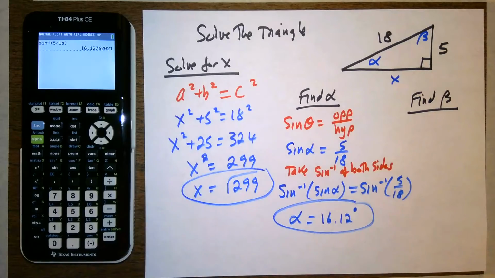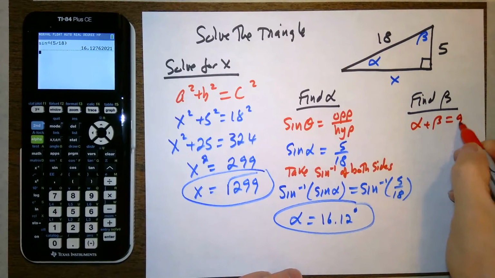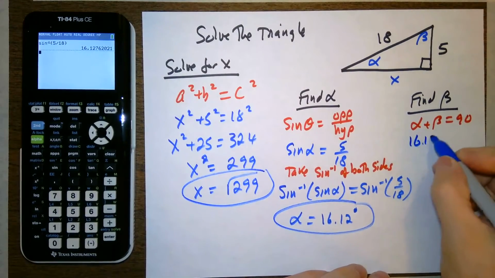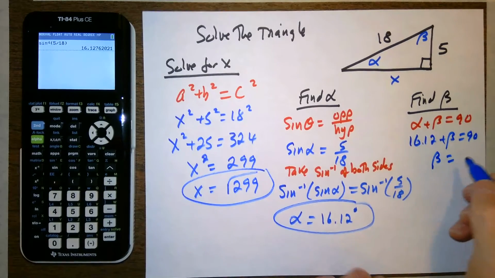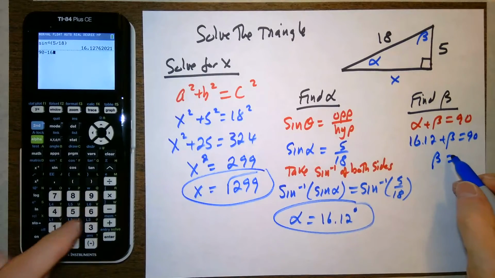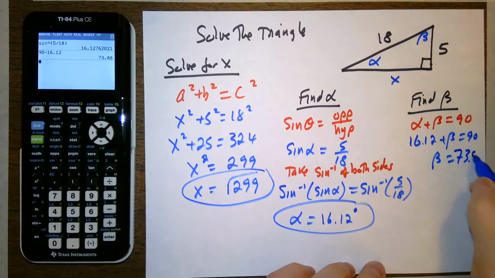Alpha plus beta have to equal 90 degrees. And I know alpha. So 16.12 plus beta equals 90. Therefore, take 90, subtract 16.12 degrees, and it's about 73.88 degrees.